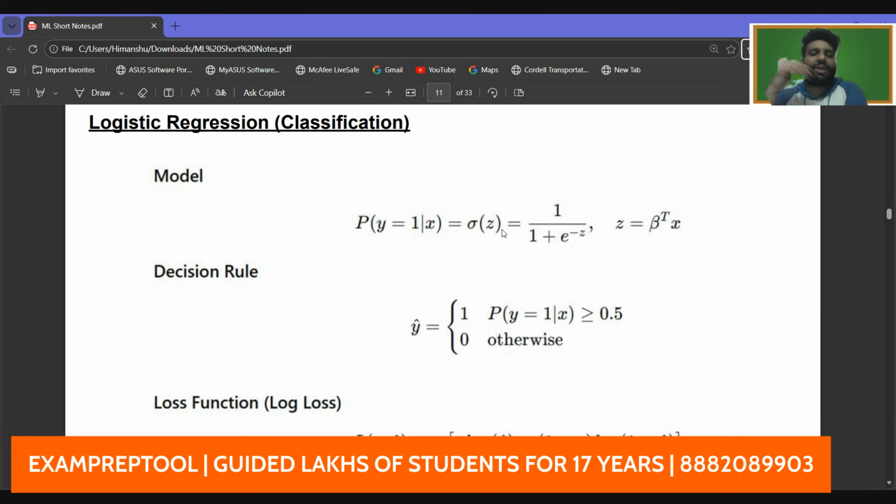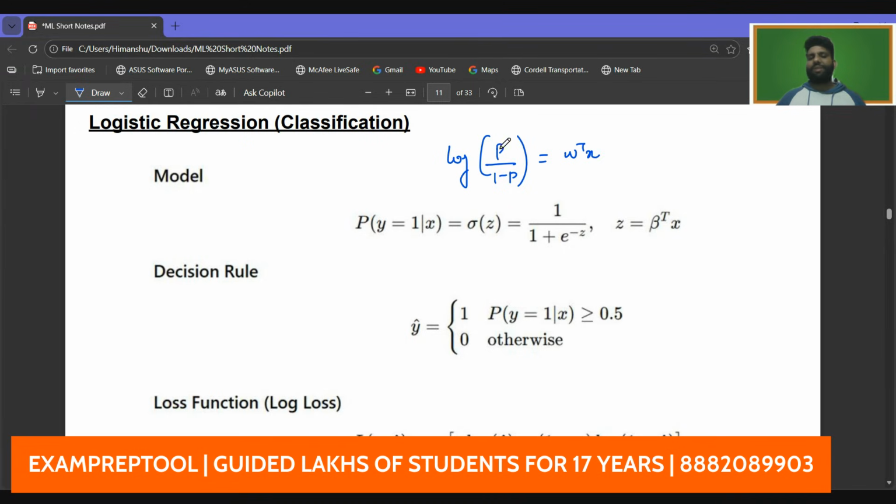The other way to look at it is the log of odds of a particular class is equal to nothing but your linear relationship in terms of x. So what I mean by that is, you can also write it like this: log of p upon 1 minus p is equal to beta, or what we generally write, w transpose x.